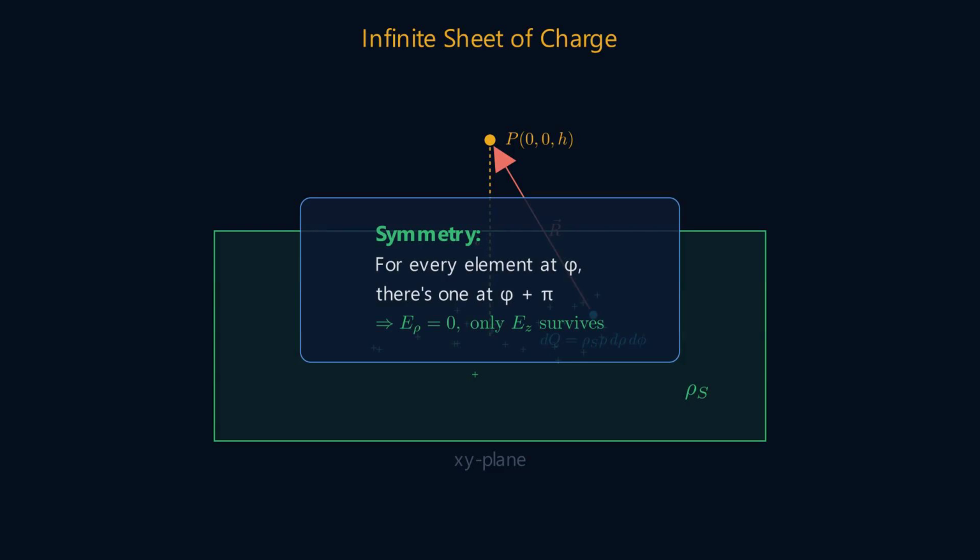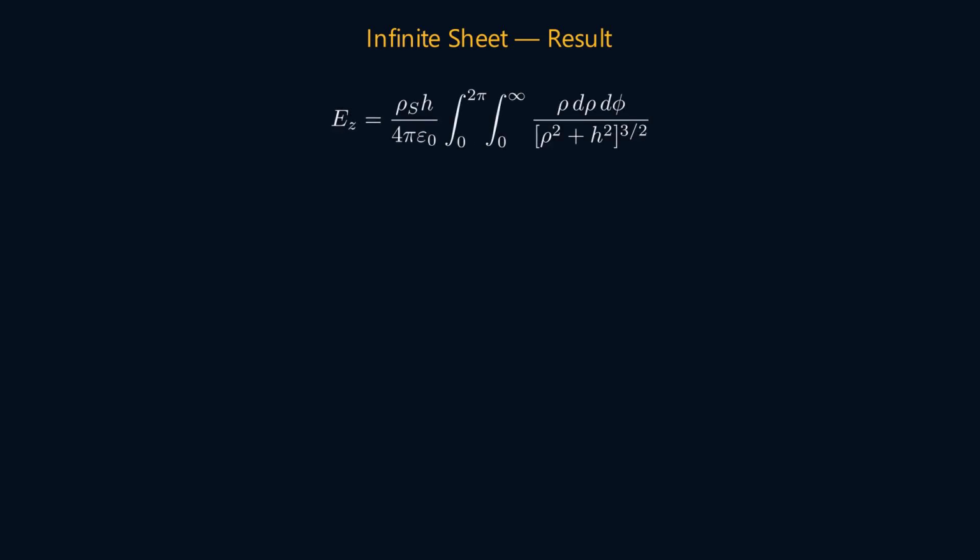Their horizontal components cancel, only the z component survives, so we integrate only Ez. Setting up the integral in cylindrical coordinates and integrating ρ from 0 to infinity and phi from 0 to 2π, we get E equals ρS over 2ε0 in the az direction.